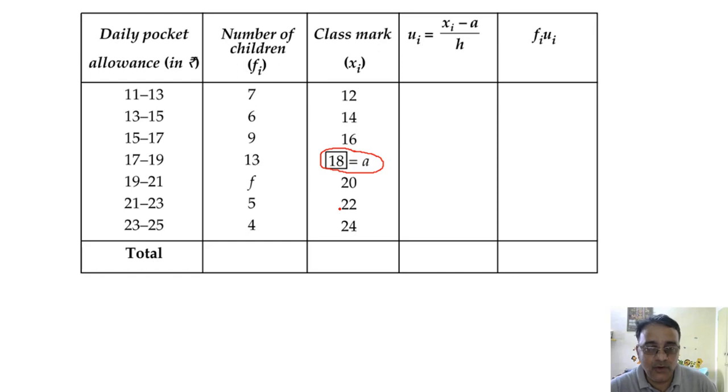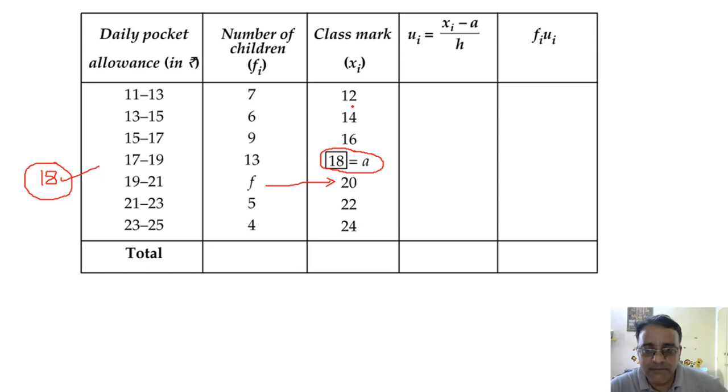And even if it is not the middle term, I am telling you some priorities here related to missing frequency. So the first priority: the mean which is given in the question, if it is in this column, then you have to assume that number. If the mean is not given, then we have to assume the number which corresponds to the missing frequency. Whether this is clear, all of you?